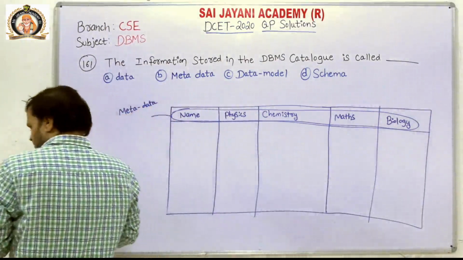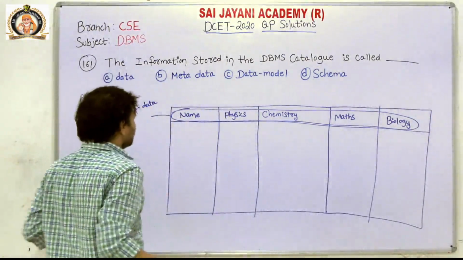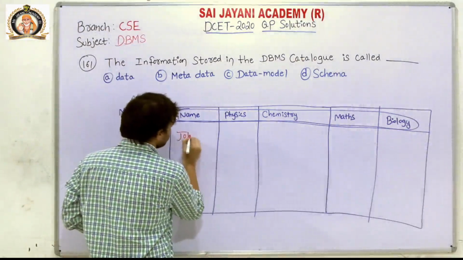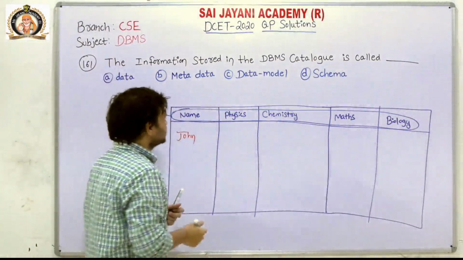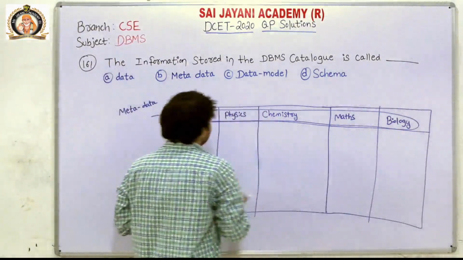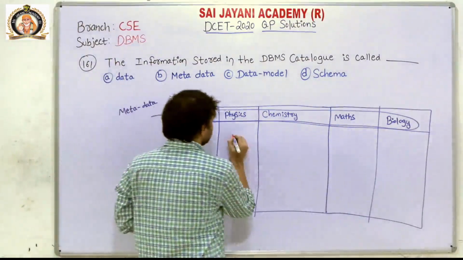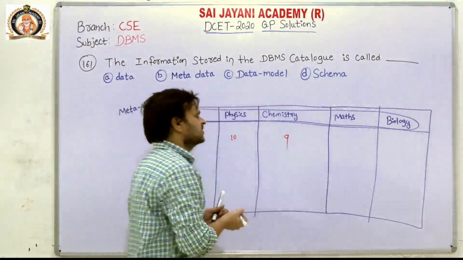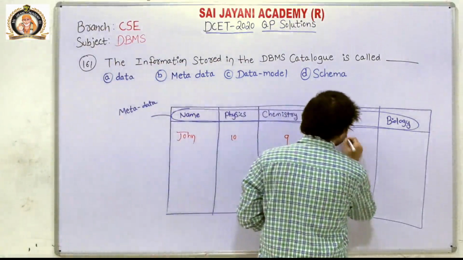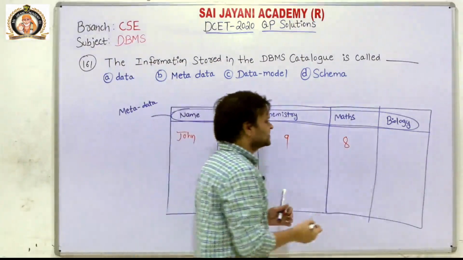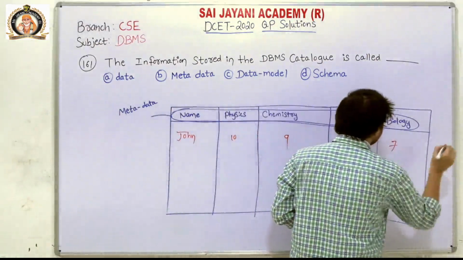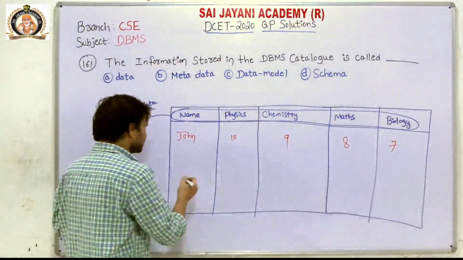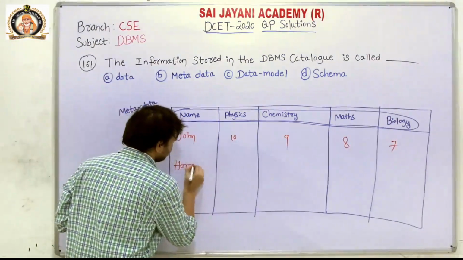I am considering a student named John. Out of 10, he got 10 marks in physics, 9 marks in chemistry, 8 marks in mathematics and 7 marks in biology. Similarly, I am considering another student called Harry.